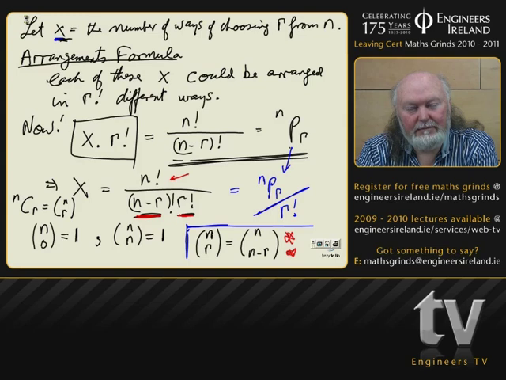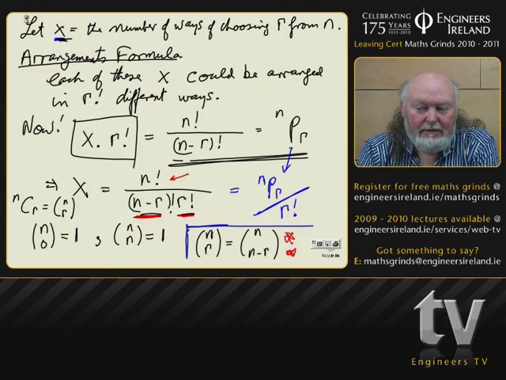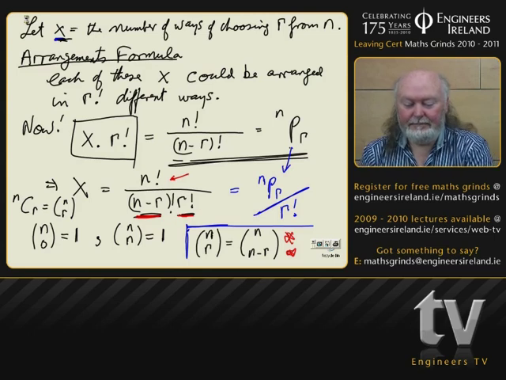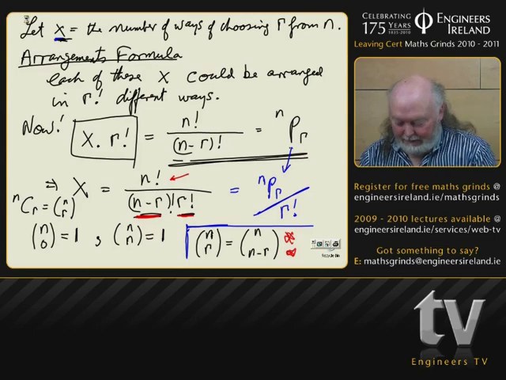And you'd say, what if instead of choosing r, I'm going to choose n minus r of them? Well, you'll finish up with n minus r underneath and r underneath. Sorry about this.